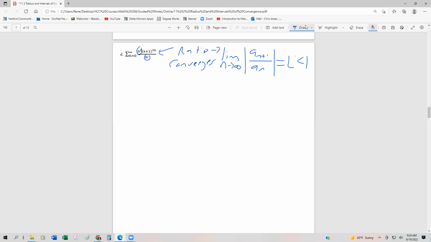Okay, so that's the condition for convergence. All right, so what we're going to do at this point is just employ the ratio test. Now, this is going to be a little bit difficult to write out, so bear with me. So the limit as n approaches infinity. We're going to put in n plus 1 for every n. So (n plus 1) squared, and then (x plus 1) to the 2n plus 1, and then we're going to divide that by (n plus 1) factorial.